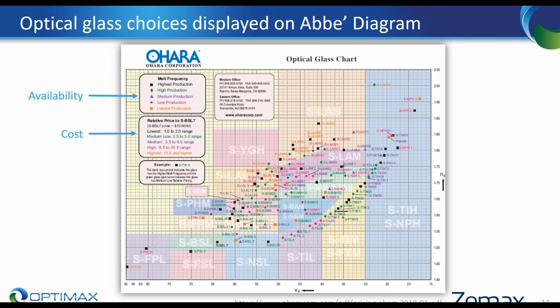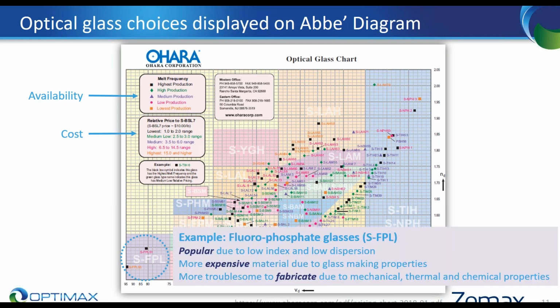With this, I want to just point out one example on this glass map. When we've surveyed customers before about what the most popular glasses to use are, most of the responses come back usually with the ones that have the most unique optical properties. And so I want to just highlight two of them right now. They're the SFPL series.